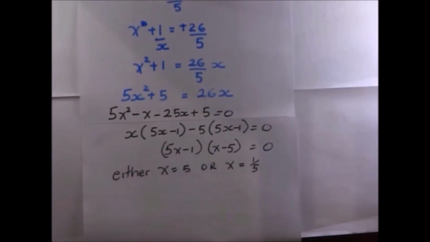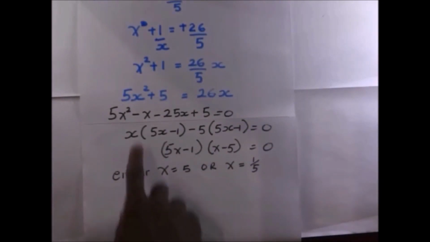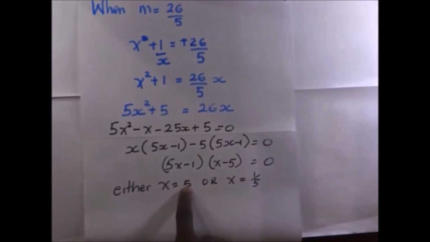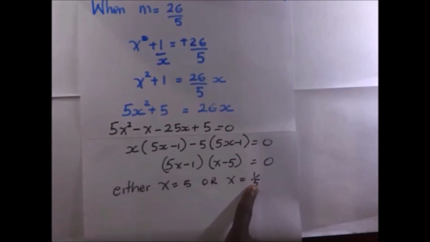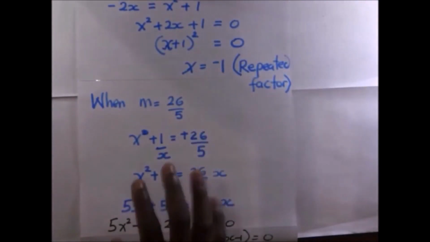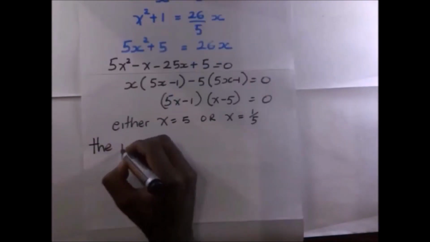When the value of m is 26 over 5, we get our value of x as either 5 or a fifth. So it means for us, the final answers, the roots of this polynomial are going to be 5, a fifth, and negative 1, which is a repeated root. So those are the roots of the polynomial.